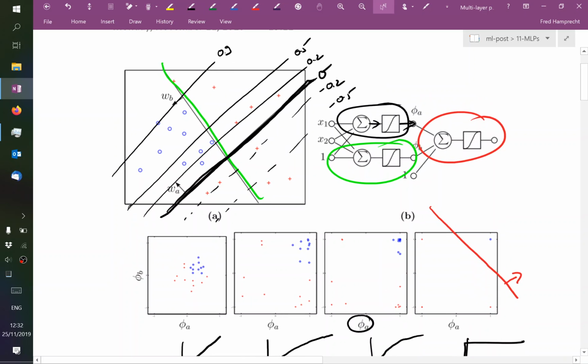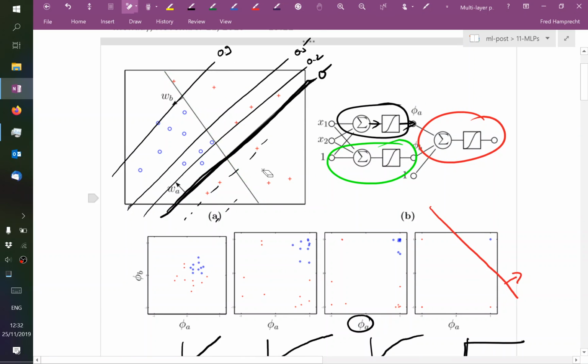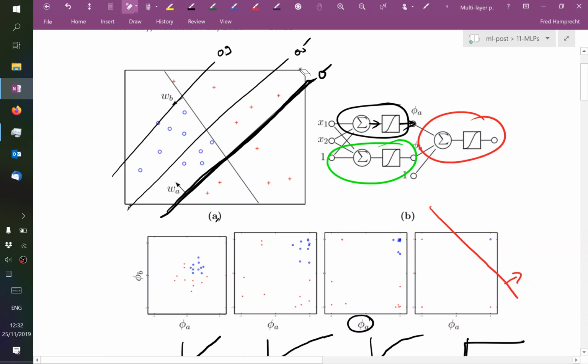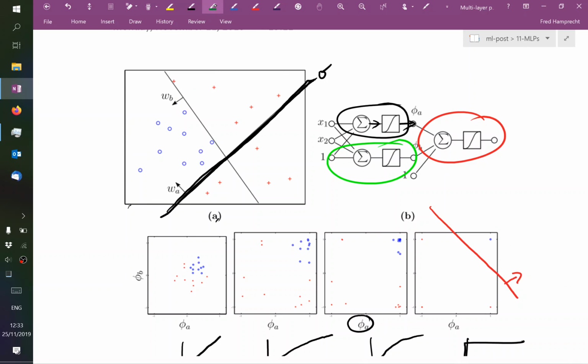And we can similarly do something for the green perceptron here. Let's say this is the green perceptron. And now imagine a sigmoid which has its inflection point right at this line. It gives us positive values on this side and negative values on the other side. And let's call this prediction phi of B.